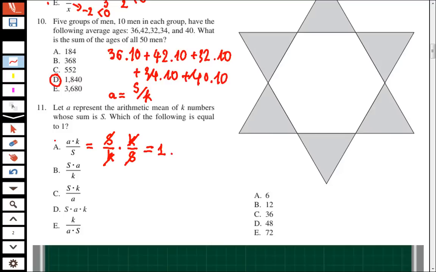Always. This is the final result, and we don't need to check all the options.